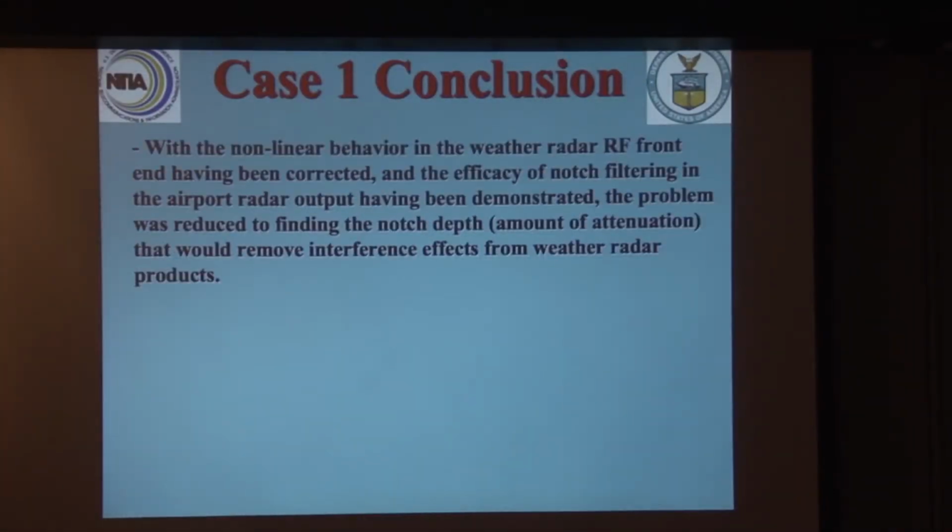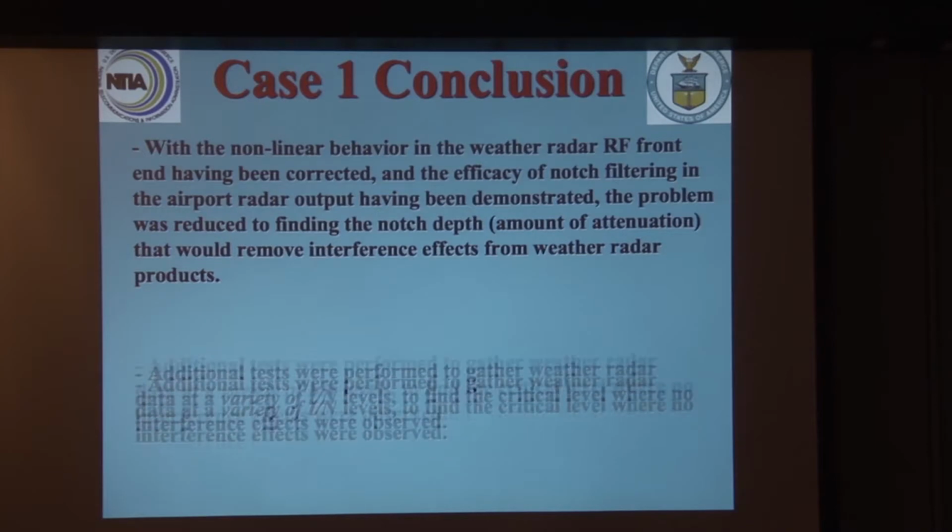Okay, so conclusion. With the nonlinear behavior in the weather radar's RF front end having been corrected by moving the limiter to where it belonged, and with the efficacy of putting a notch filter onto the airport air traffic control radar having been demonstrated also, the problem now was simply reduced to finding a notch depth, the amount of attenuation that would remove the interference effects from the weather radar, basically to the satisfaction of the sponsor.